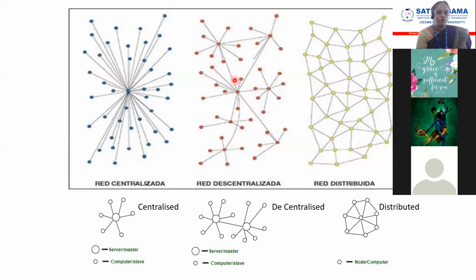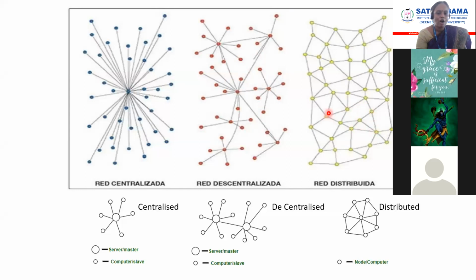You can see this is one server, and then the next 3, 4, 5, 6, 7 servers are there, and through those servers we connect to the other computers or slaves. So centralized means a single node of control, and decentralized has multiple nodes of control.